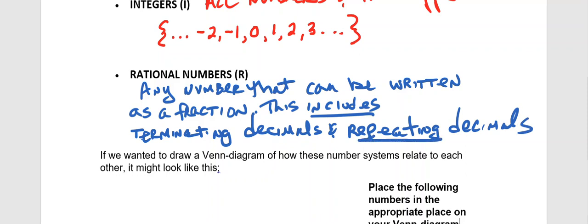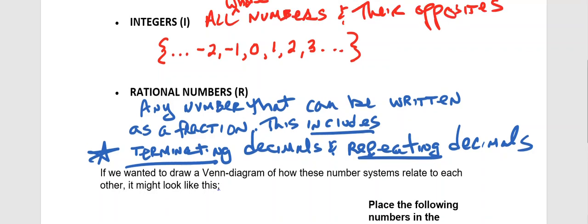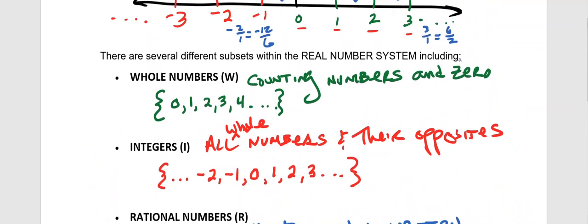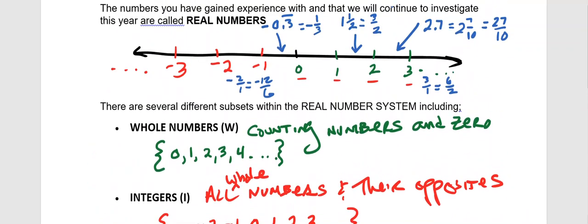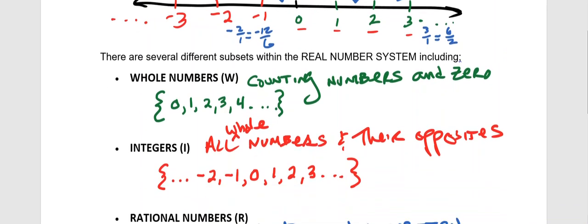That's key, terminating and repeating decimals, okay? So looking back at our number line, a terminating decimal is something like 2.7. It terminates, it ends. It has a very clear ending to it. A repeating decimal is something like -0.3 repeating. It goes on forever. If we thought about that, it would be -0.333333333. We wouldn't have enough time in our lives to write all the threes that repeat because it never ends.